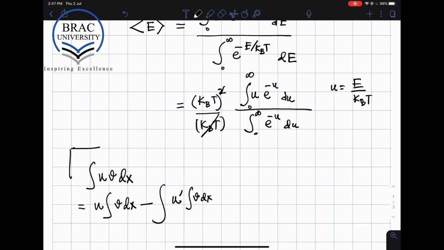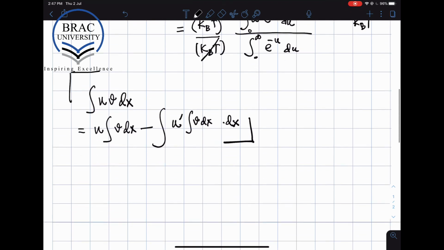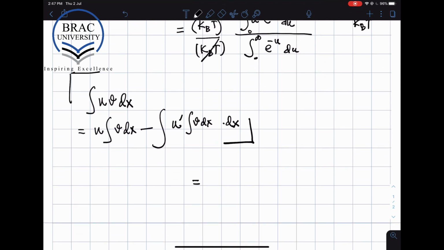You apply this to the numerator and to the denominator, and what you get is 1 in both. So the final result is k_B T. This is one version of the equipartition theorem.